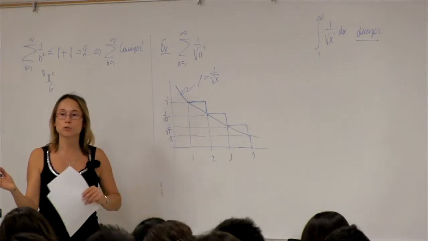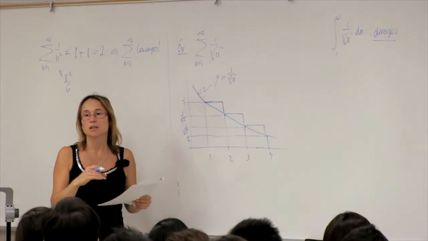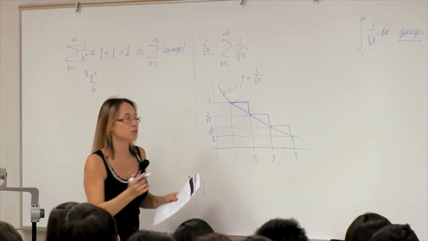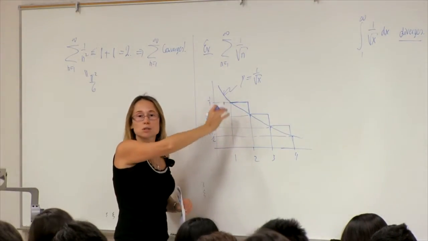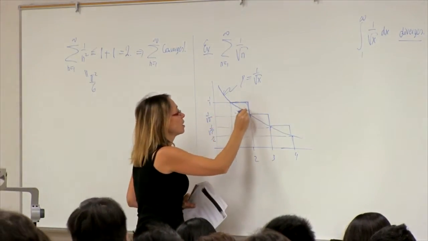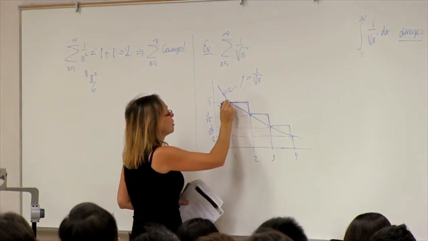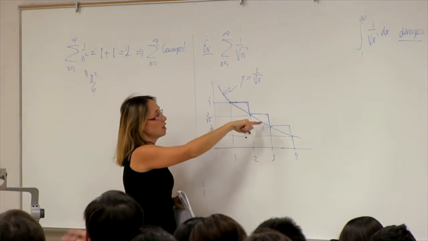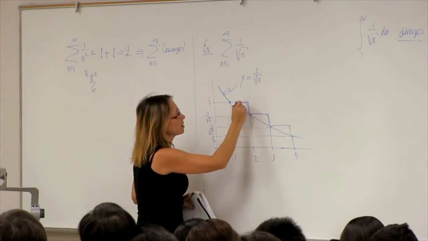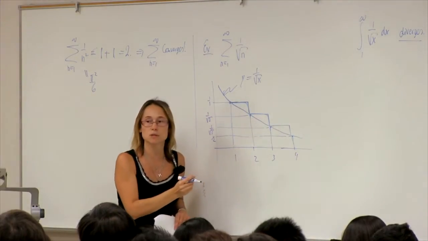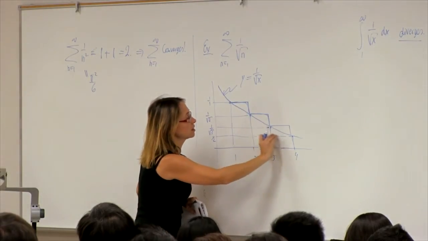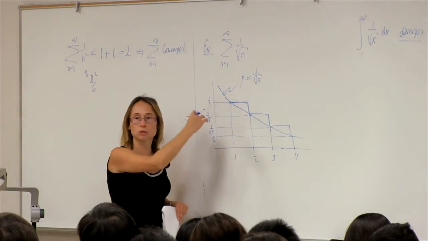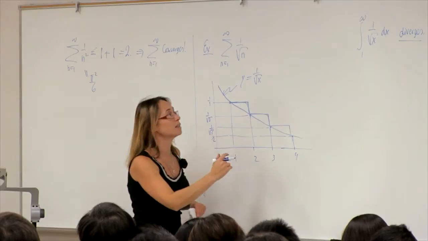Remember the right-hand rule and the left-hand rule? Depending on where I estimate my function, I could draw my rectangles underneath this thing or above. So here I choose to do them above. So starting from here, my discrete sequence is always greater than the area under the curve, because it contains the curve completely inside.